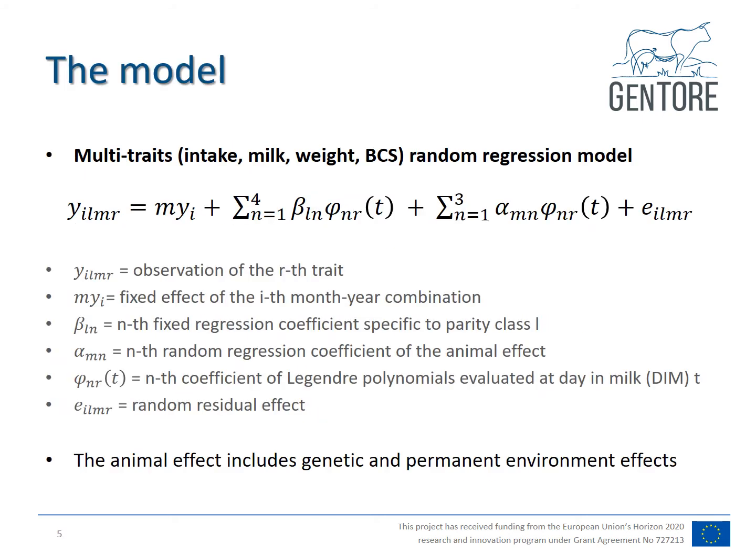On this data, we applied a multi-trait random regression model. So on the 4 traits that we defined before: intake, milk, or corrected milk, weight, and body condition score. So the model was as follows, with on the left part of the equation the observation for each of the traits. On the right side, we had a fixed effect that corresponds to the contemporary group with a month-year combination.